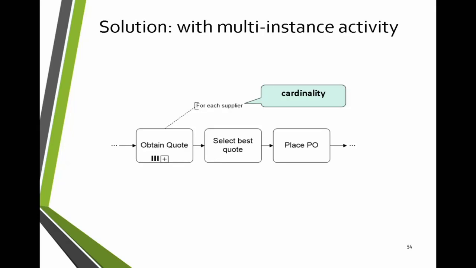It's just that you need a data object to which this condition can refer. In this case, I assume that the number of suppliers is known before this obtain quote activity, right? So it's not like in the previous case where in the sub-process you had a decision activity that actively manipulates the data variable. It could be, it could be.